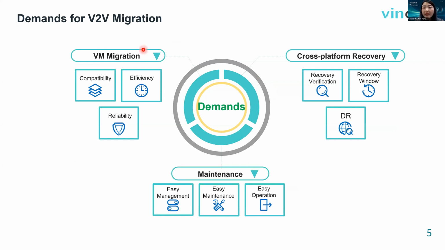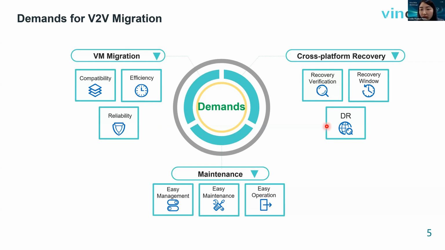So therefore, we have concluded users' demands on cross-platform migration, and Vinchin's solution for V2V migration is based on these needs. So let's take a look at this. Firstly, virtual machine migration needs to be efficient, compatible, and reliable. For companies in hybrid environments, it is important to migrate in a short window to reduce business downtime and defend against the virtualization level crashdown risk.